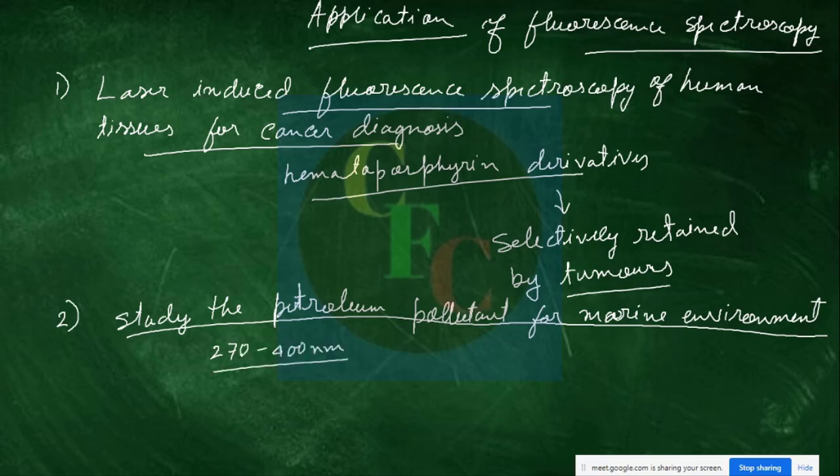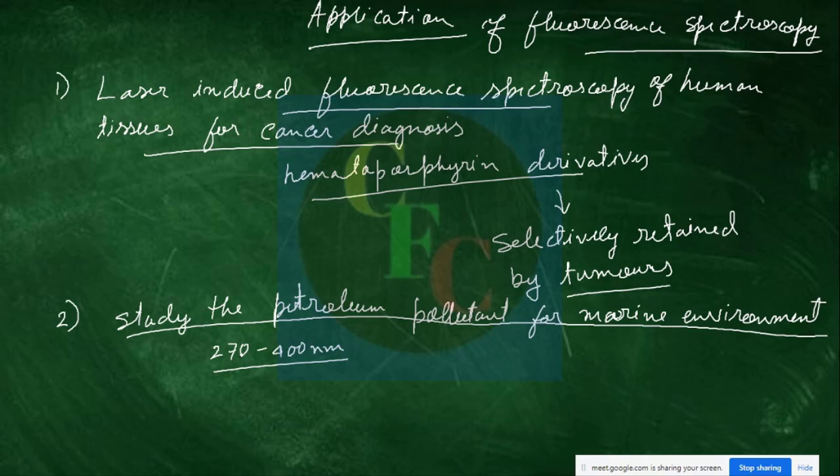Now suppose there are always oil spills happening. So how to detect them? As fluorescence is highly sensitive, they can even detect a very small amount of these pollutants present in marine environment or in water.